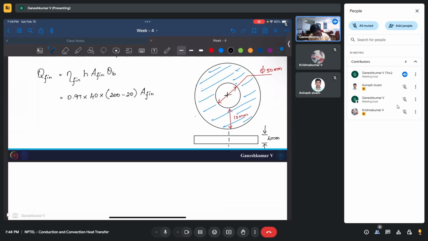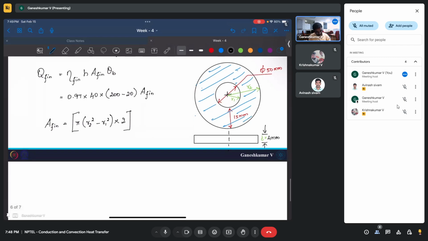So now if I want to write area of the fin, let's give this to be R1, and let's call this to be R2, and let's call this as T. Now the area of the fin is going to be pi times (R2 square minus R1 square) multiplied by 2, because it's top and bottom.